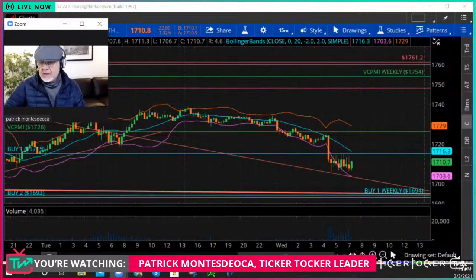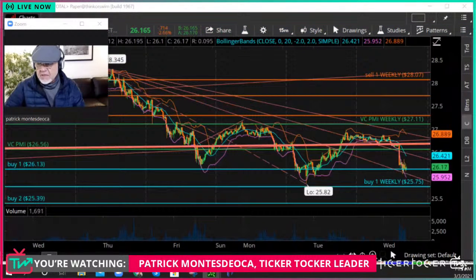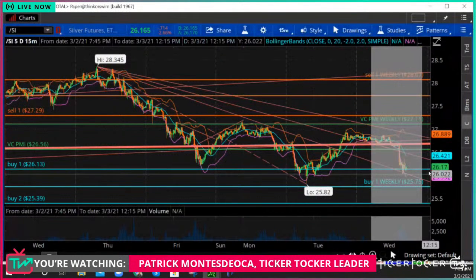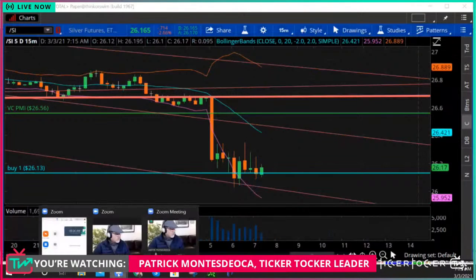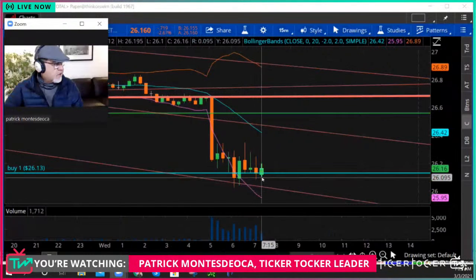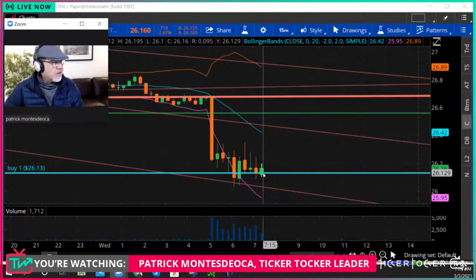Obviously, if we kick in 1715, then we're going to be activating once again a buy trigger. The silver market is a little different here, in that we're activating a buy trigger by trading above 2613.